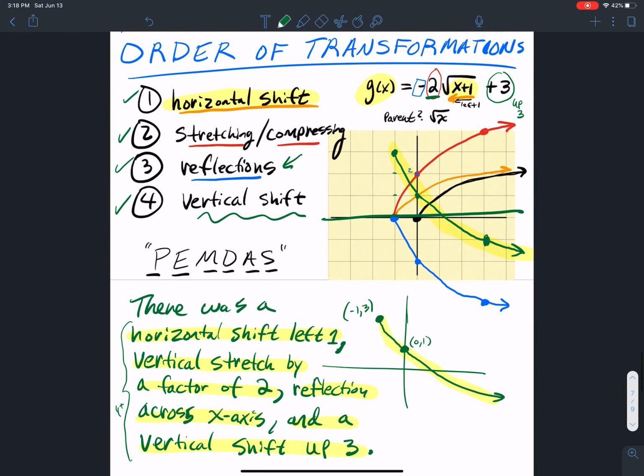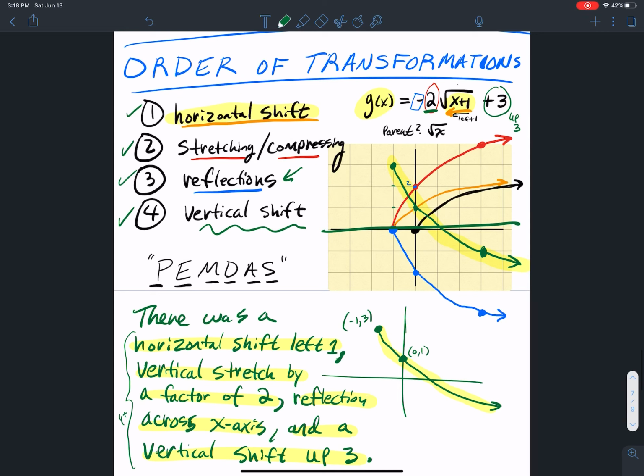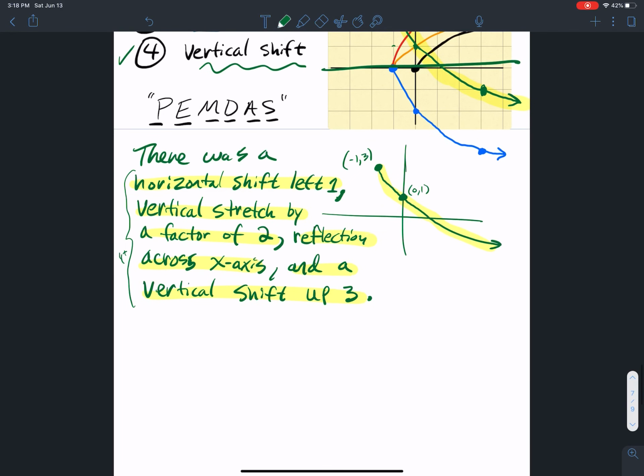If you can read this sentence, it tells you what to write. Horizontal shift left 1, vertical stretch factor 2. This negative here tells me that there's a reflection across the x-axis, and then this +3 tells me I shift the graph up 3 units. Cool.